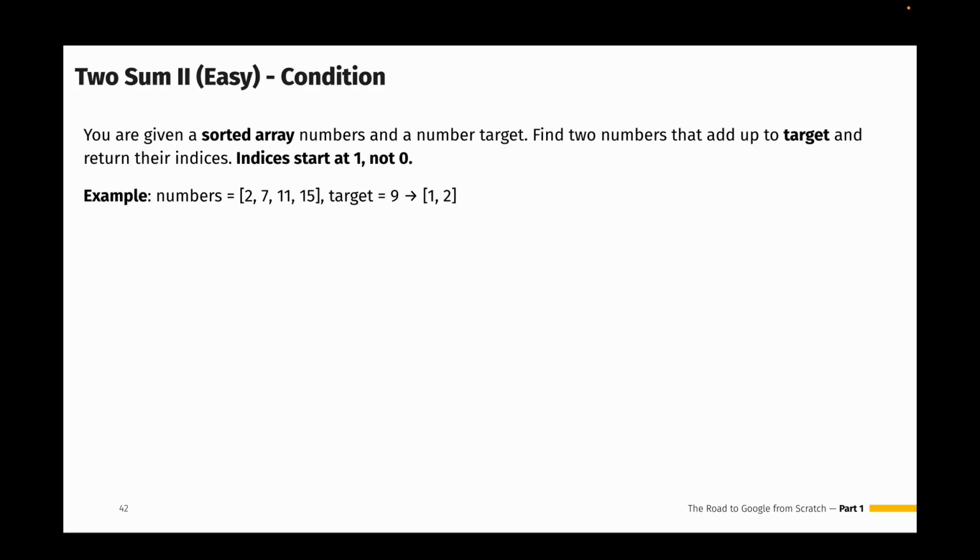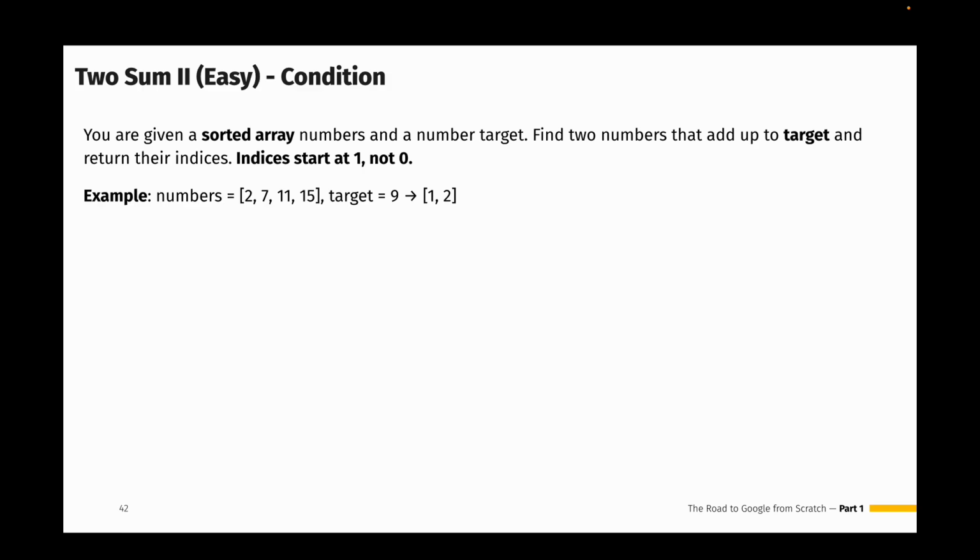find. And what we need to return? So we need to find two numbers that in sum will give us our target. And also an additional condition here is that indices start at 1, not 0, which means that, so you can check the next example.